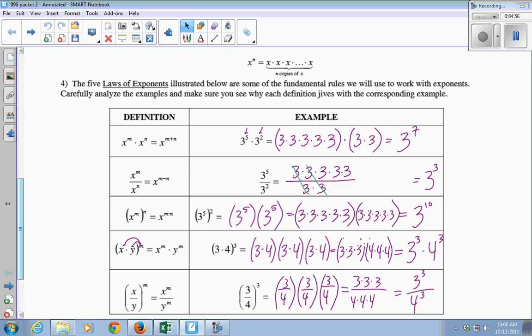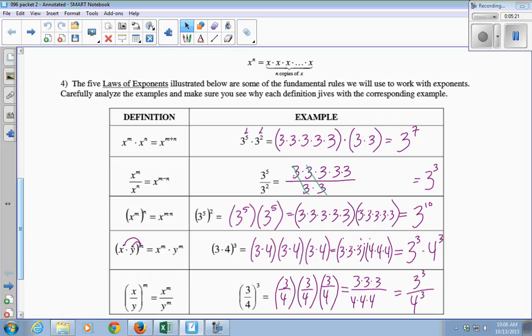So for example, the law is that if you're multiplying two terms, two factors, and they have the same base, right? So in the definition here, we have x as the base in both of these, and they have different exponents. You can rewrite that as x to the m plus n.